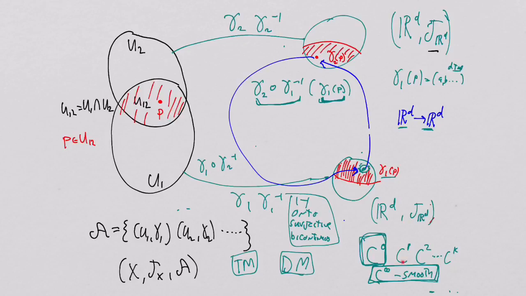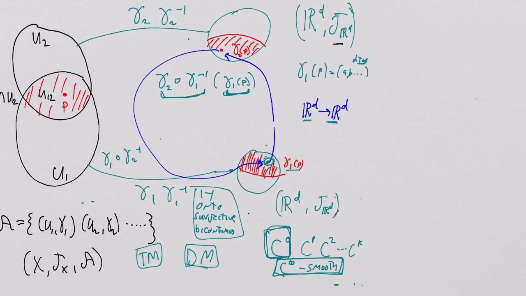Now, there are other definitions of differentiable manifolds that you will see if you study the literature on this. They're not very different, but they make different kinds of differentiable manifolds. They'll say you have a smooth differentiable manifold if you meet the conditions we just talked about.